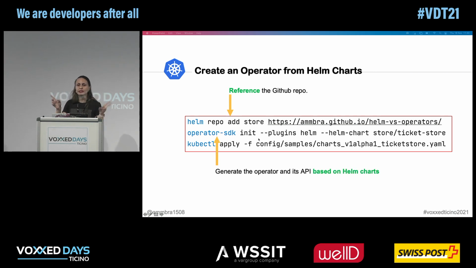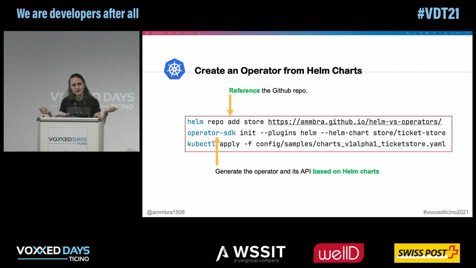So using the Helm plugin with Operator SDK, I generated the operator and the API of my operator that Kubernetes is going to look into based on those Helm charts. You can also do this operator creation with two Operator SDK commands and some copy pasting. But this is the all-in-one command. Not safer, but the easiest one.